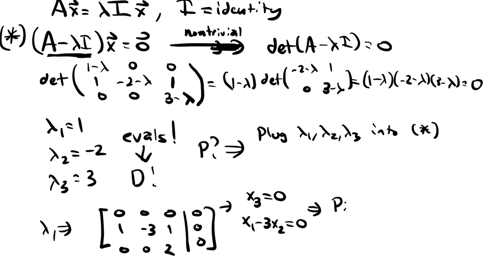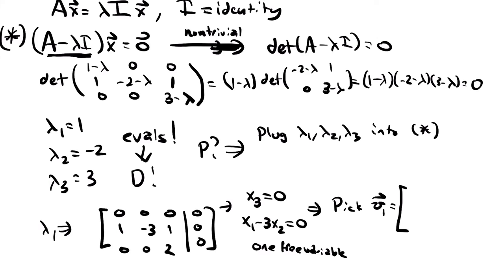So I'm going to pick my first eigenvector v1. Notice here that I have one free variable. That's usually how this should work out. You can have two free variables, but you should always have at least one free variable to pick your eigenvector, which makes sense because you're looking for non-trivial solutions.